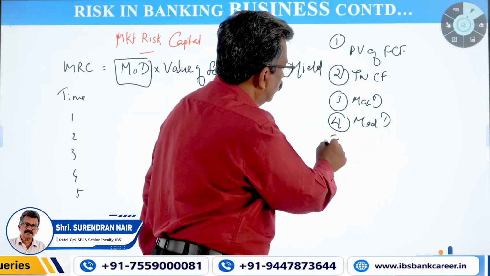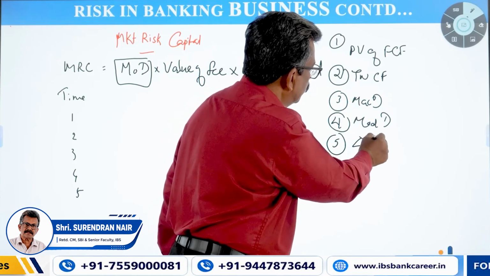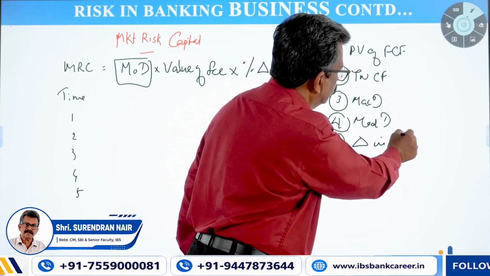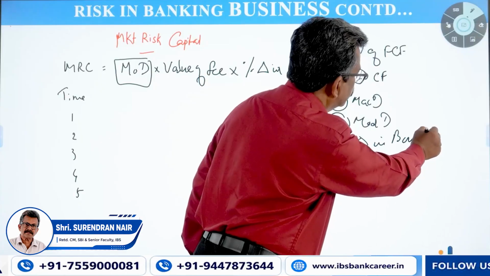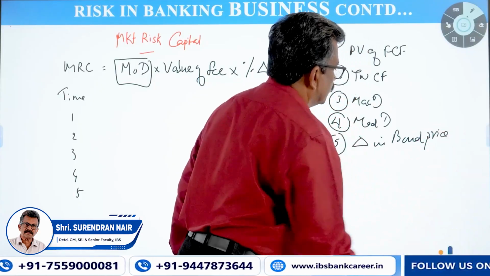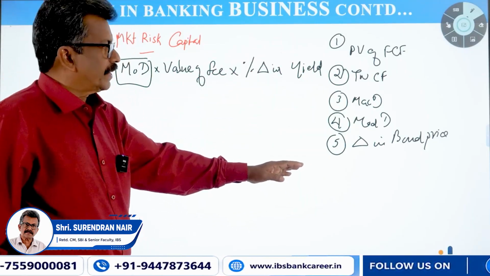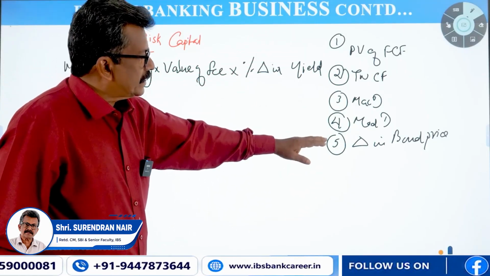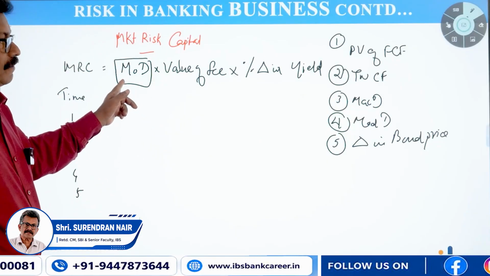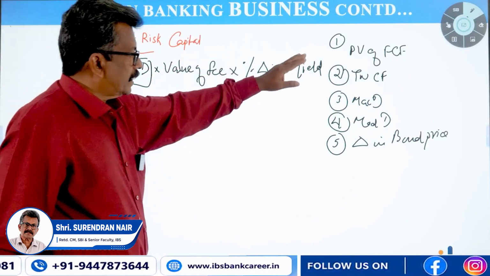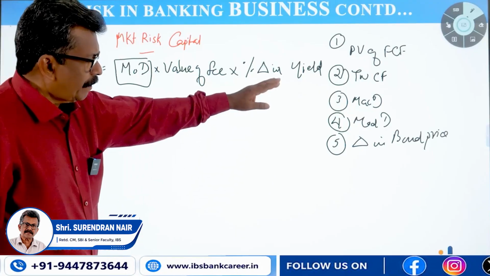Then change in bond price. That is the sensitivity, duration analysis, how sensitive the investment is. So, these are all the 5 steps to reach this MOD calculation, or the sensitivity analysis, or the capital calculation for market risk.